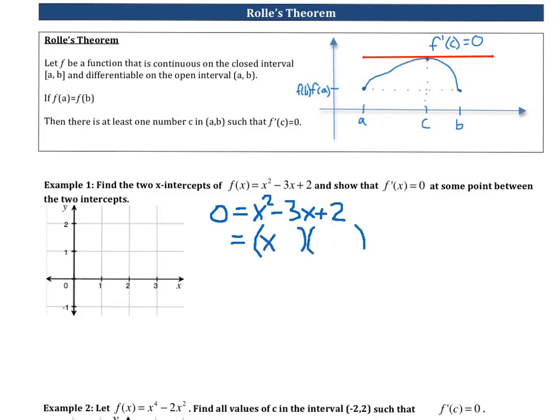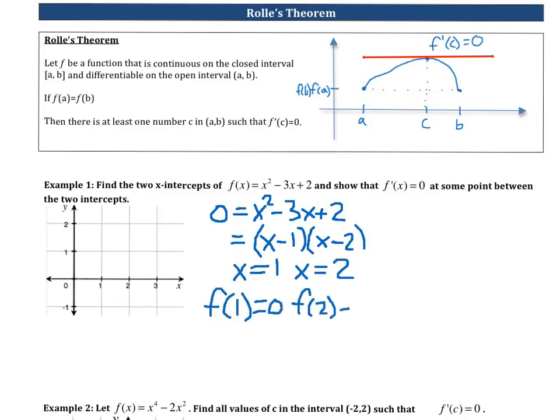So we factor this, we get (x minus 1)(x minus 2), and so x equals 1 and x equals 2. So f(1) equals 0, and f(2) also equals 0.